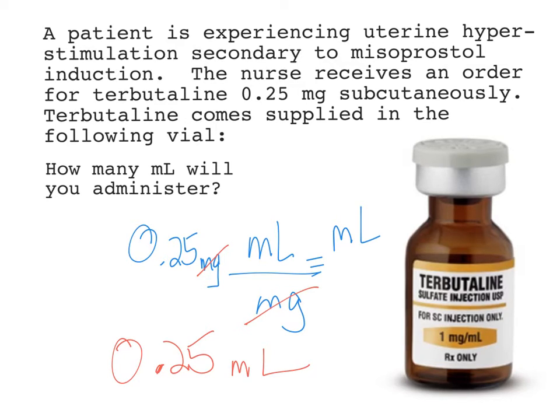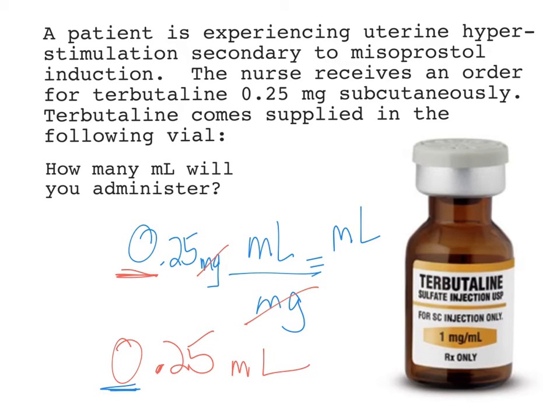The tricky part is the answer will be wrong if you do not have a leading zero. A leading zero is a safety feature because if that little dot isn't very obvious, you could give 25 milligrams, which would be a tragedy. You would be giving 100 mLs of terbutaline in these little tiny vials. Who wants to pull 100 of those out, and what would that do to somebody? It's not a very smart thing to do.